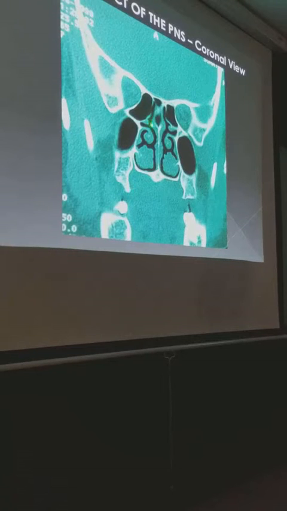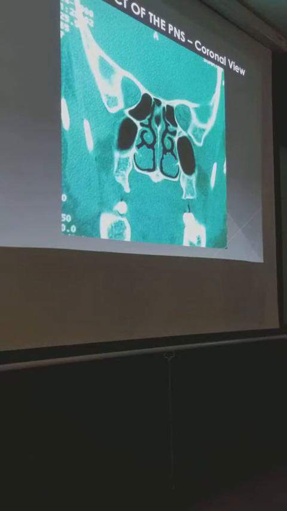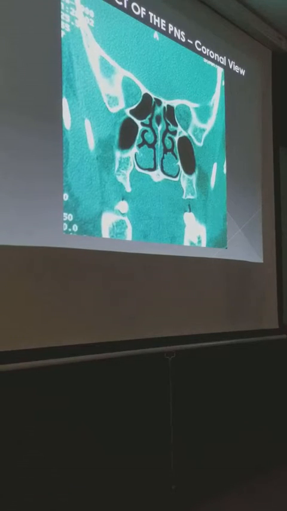An Onodi cell can actually grow superior and lateral to your sphenoid sinus. And it's very important to know that, because if you're going to do a transethmoidal, complete sphenoethmoidectomy, you pass through the anterior ethmoid, ground lamella, posterior ethmoid, and then into the sphenoid.